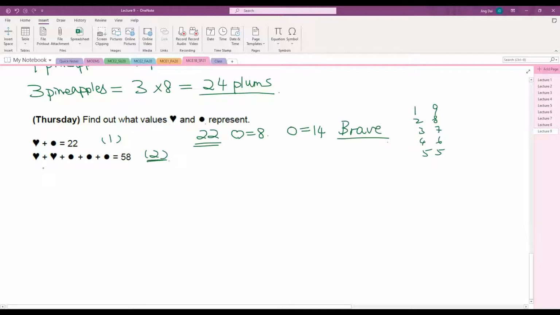Okay, so I want to give you guys one piece of hint and then you take 1 more minute to think, okay? So question number 2, you see it's 2 hearts, then 3 circles. Can I write it into 1 heart, 1 circle, 1 heart, 1 circle, another circle equals 58?